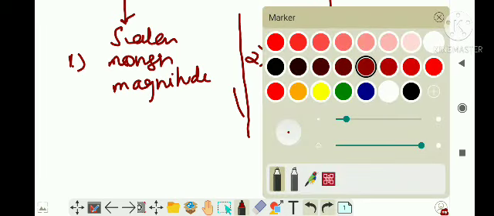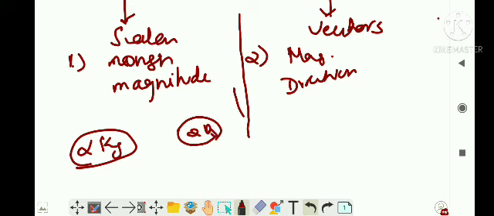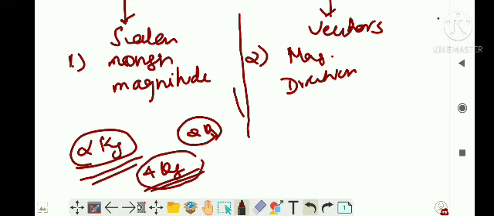See, you have 2 kilogram of mango, you ate that 2 kilogram first, then you ate another 2 kilogram of mango, and somebody asks you how much you ate, you straight away say I ate 4 kilogram, right? Mass is a scalar quantity. You don't require to say the direction of mass, right?